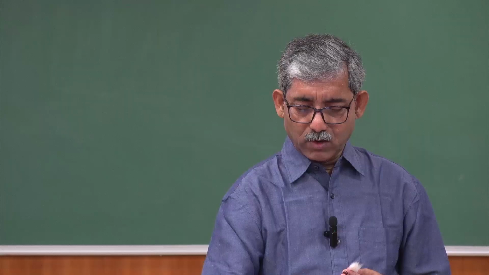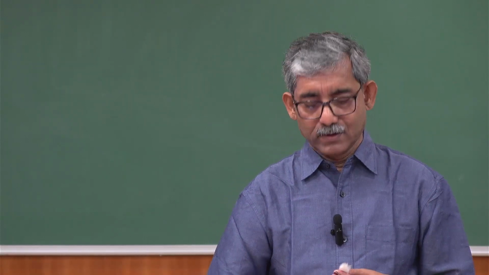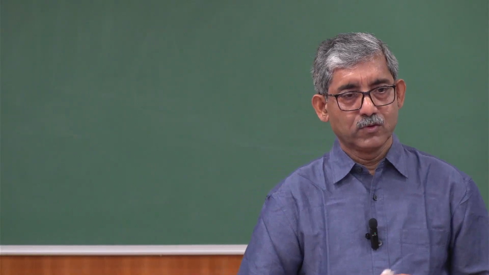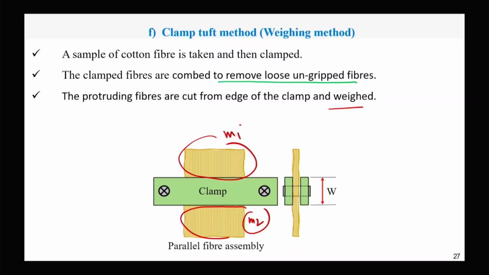So this is say M1 and the other side say M2. So total protruding fibers are M equal to M1 plus M2, which you are cutting.